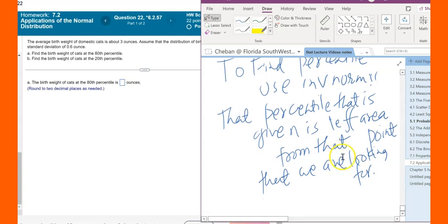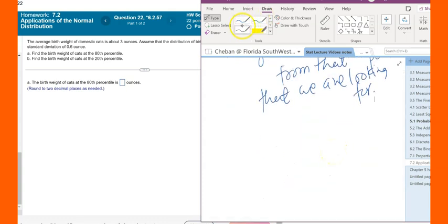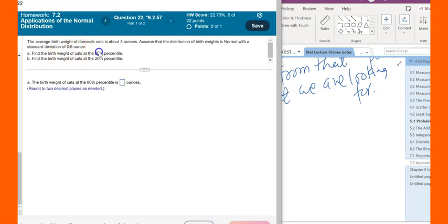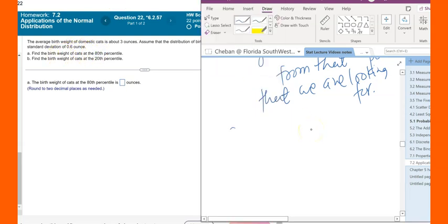For example, in these questions, if you're looking for the 80th percentile for part A, 0.80 is the left area.